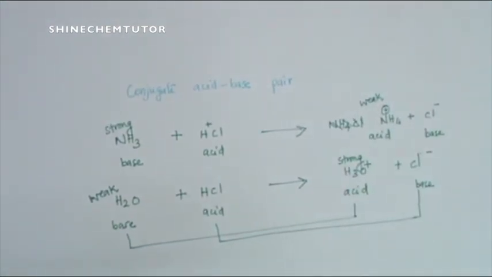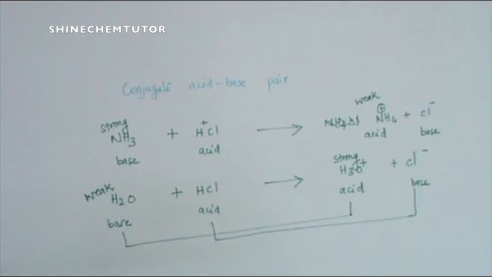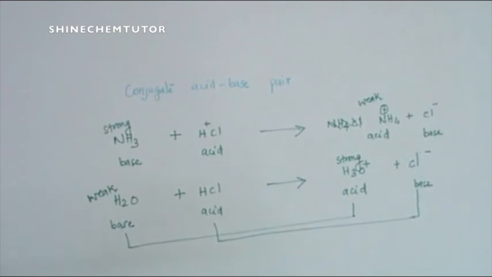So this is conjugate acid-base concept. You may be given a few protonated species. You may be asked to arrange them in the increasing order or decreasing order of their acidity. For that, you have to go for the parent compound and you have to compare the basicity.